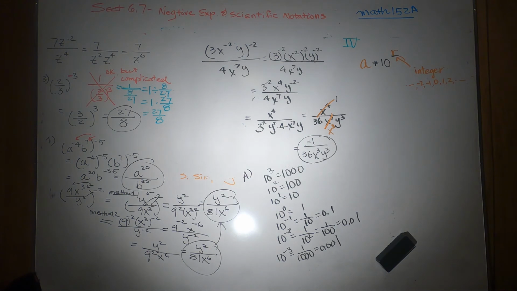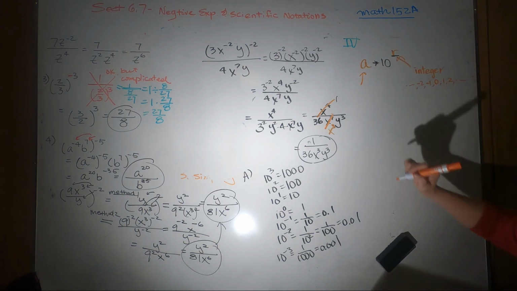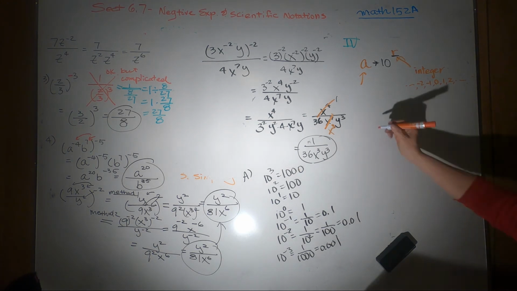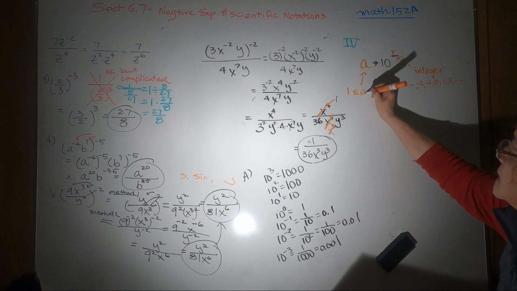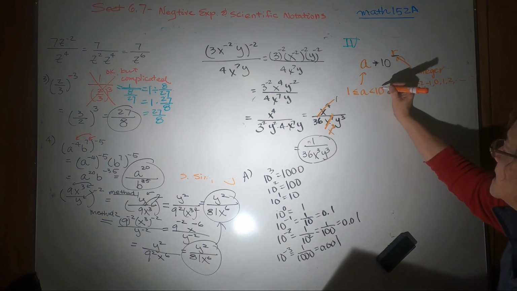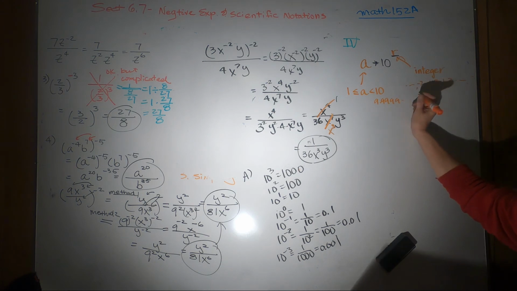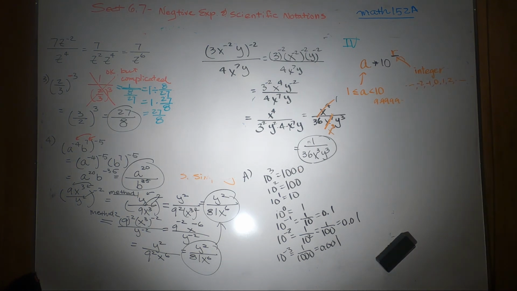When you write scientific notation, this number is a special kind of number. It's between 1 and less than 10, meaning numbers like 9.9999. Not 10, not two digits, only one digit: 1, 1.11, 1.1111.